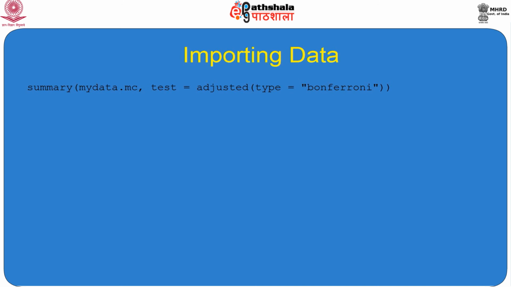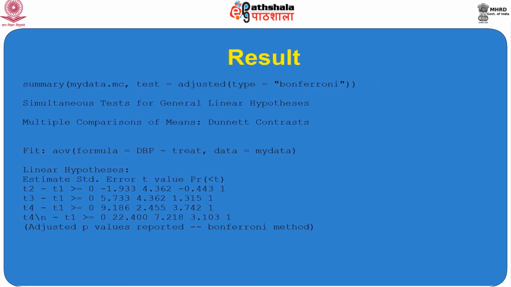Earlier we gave the summary of mydata.mc as the result. Now for the same data set we are considering mydata.mc with test equal to adjusted and type as Bonferroni, and as a result it shows that the difference between T2 and T1 is minus 1.933 with standard error 4.36 like earlier, but the t value is minus 0.443 with probability, that is p value, of 1.